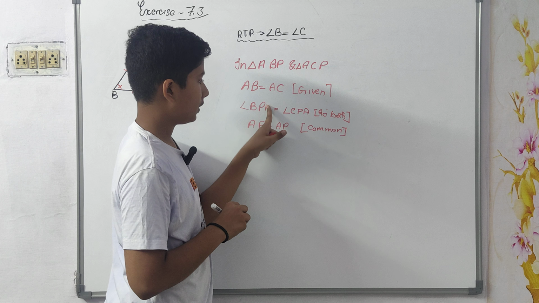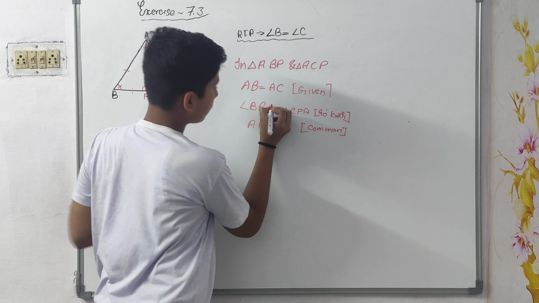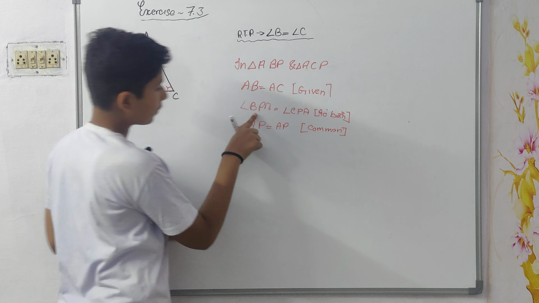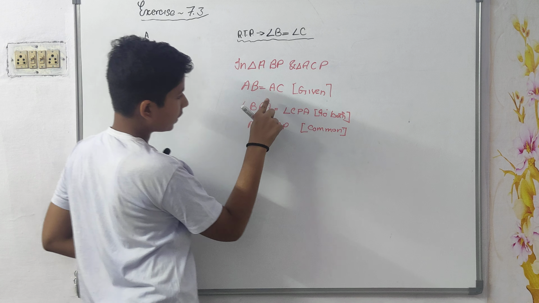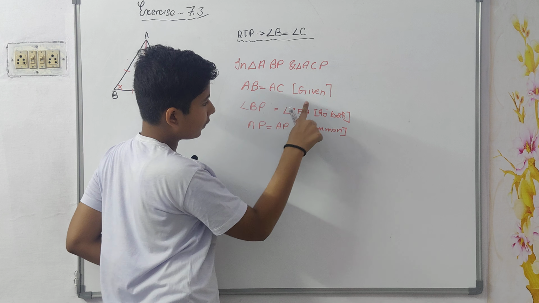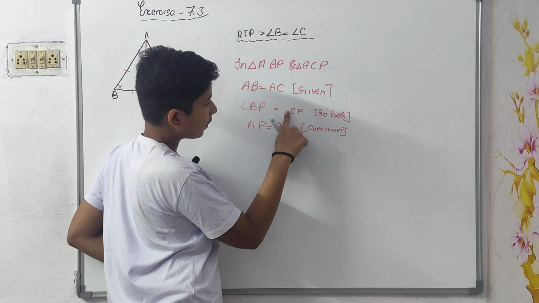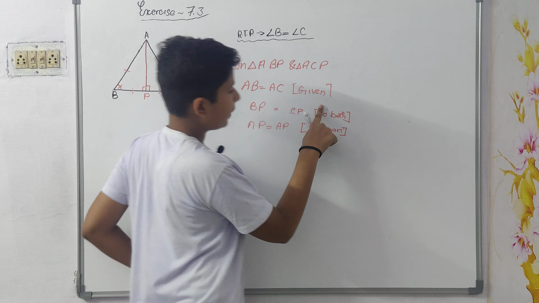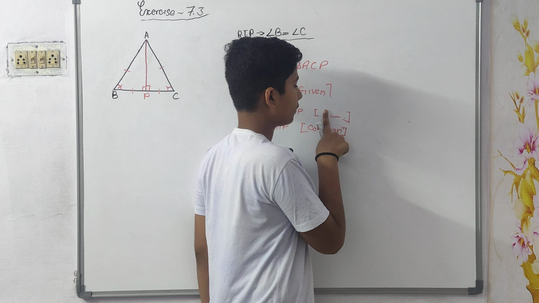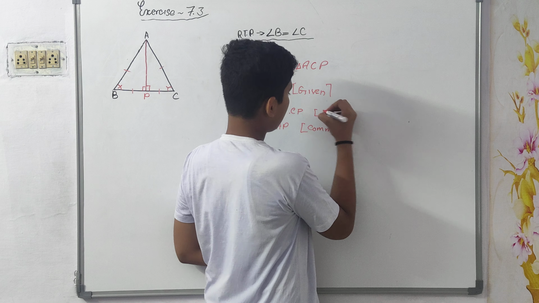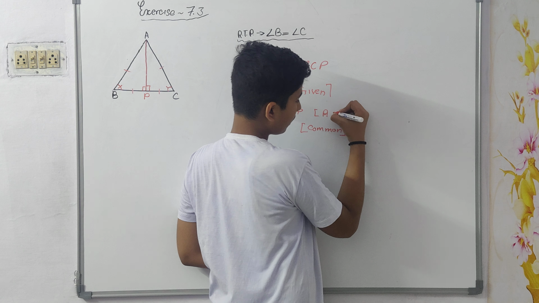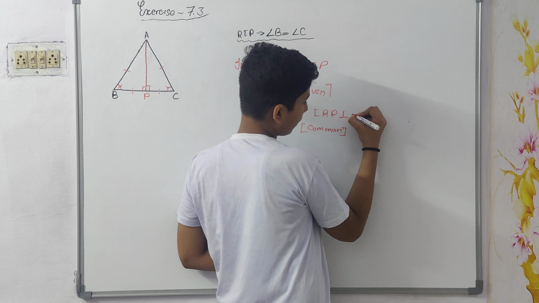BP equals CP, and AP is perpendicular bisector. AP bisects BC.